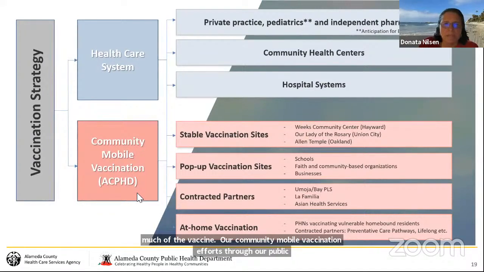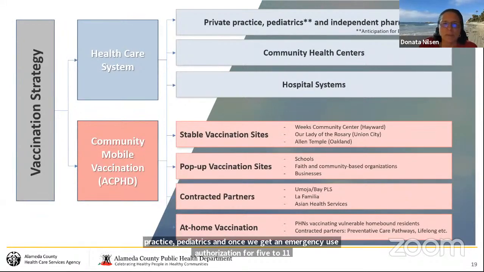It's about 10% of the overall vaccination efforts. So you can see there on the top, the healthcare system is private practice, pediatrics, and once we get an emergency use authorization for 5 to 11-year-olds, we're hoping that our private practices can assist with vaccinating those youth, community health centers and our hospital systems.